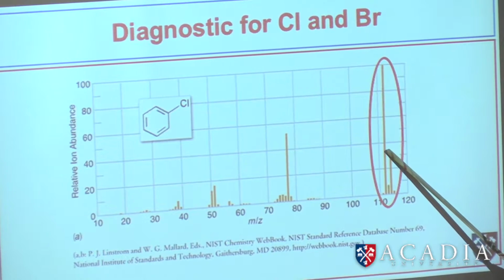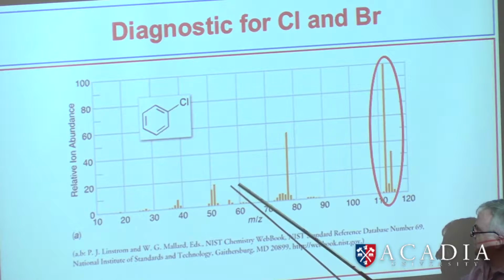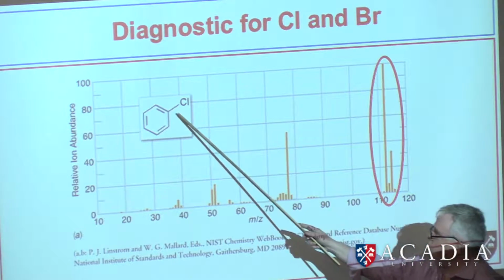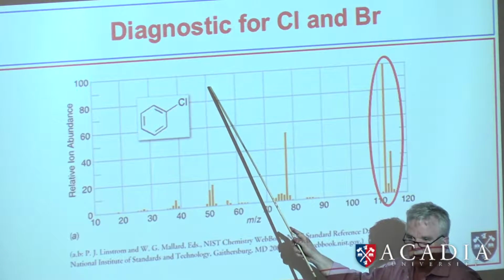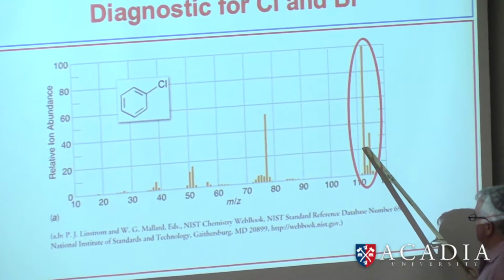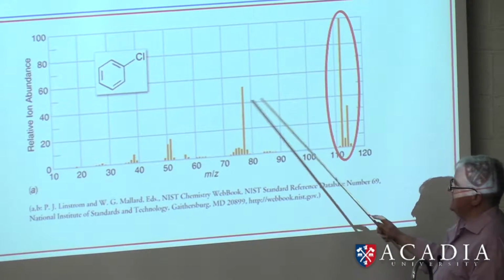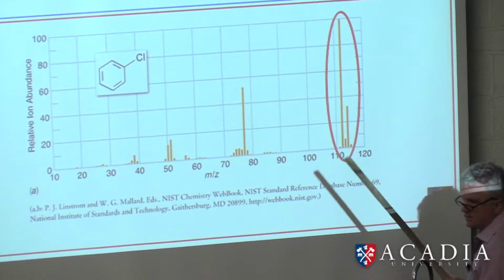So that's very diagnostic. Notice now, we can also tell that all of these fragments below, this fragment is due to just loss of the chlorine atom because we no longer see that isotopic distribution down here. It's gone. That means that the chlorine's gone in these fragments.